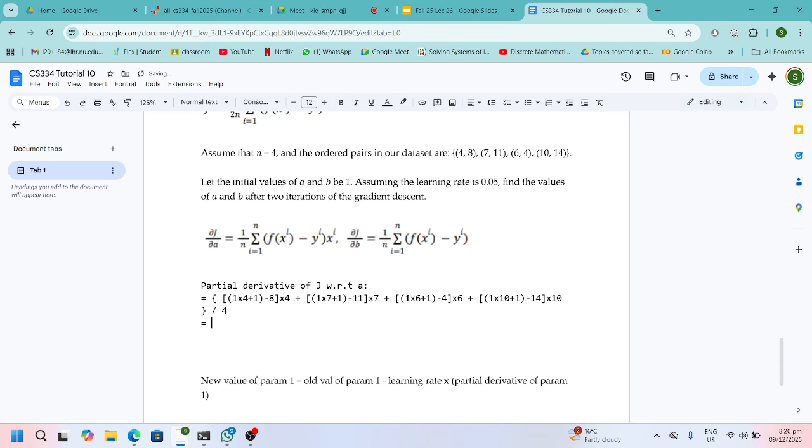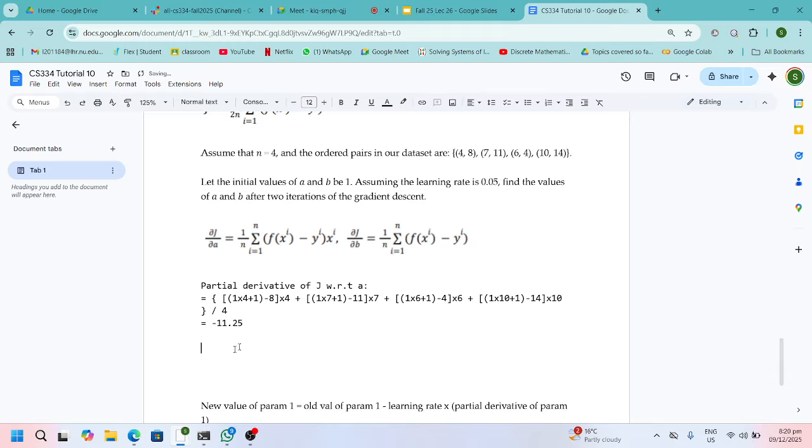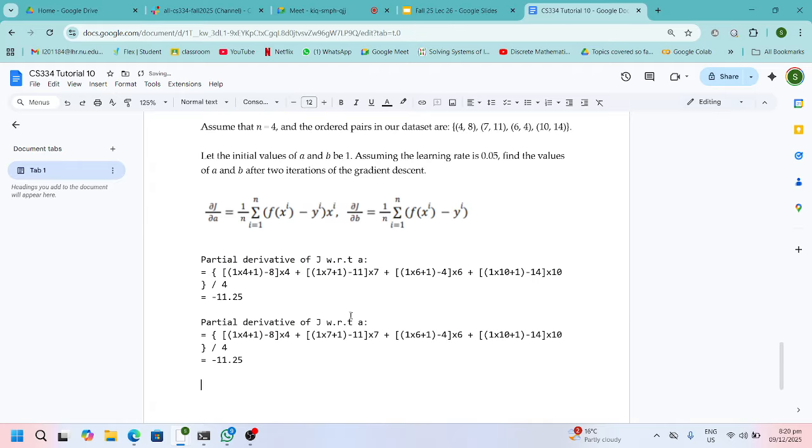So my partial derivative with respect to a then comes out to be minus 11.25, and I'm gonna do the exact same thing for b as well, except कि b के लिए आपको ये वाली चीज़ given है, you're not multiplying it with xi. So this is like really simple for me.